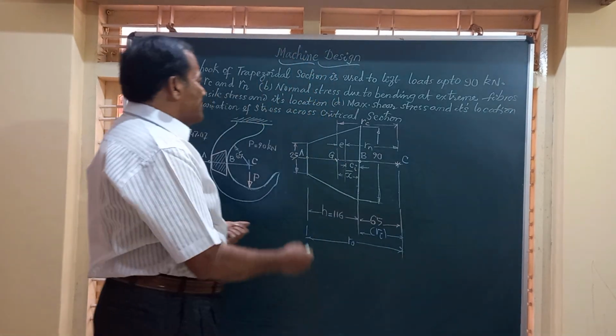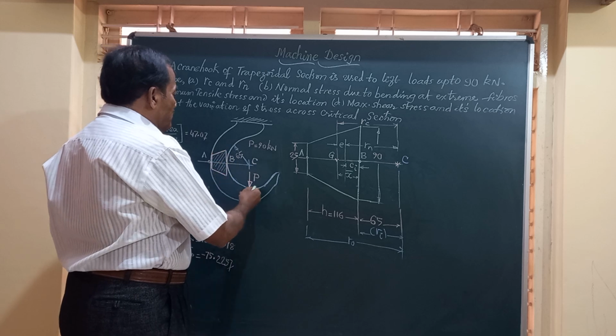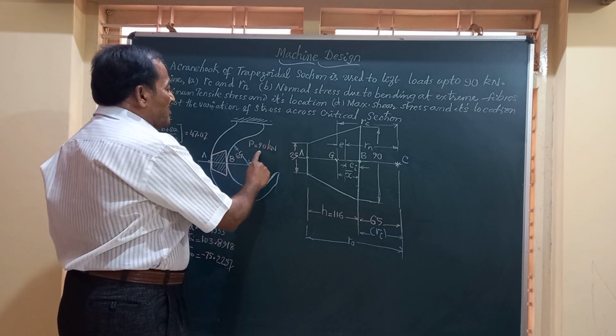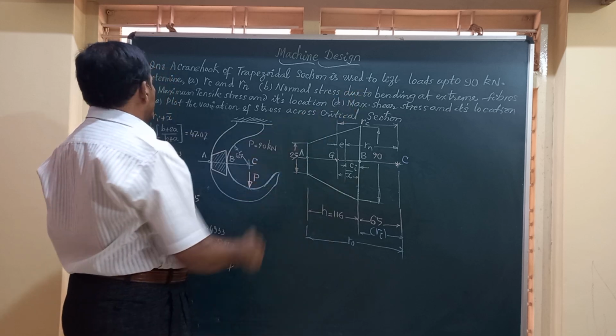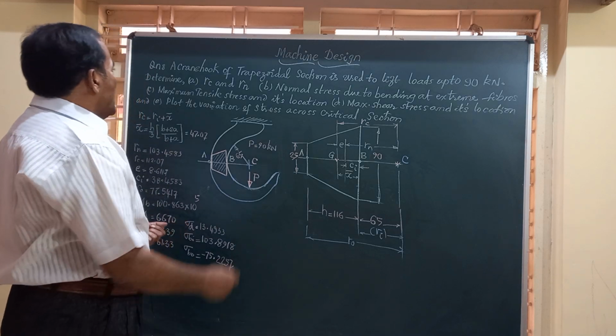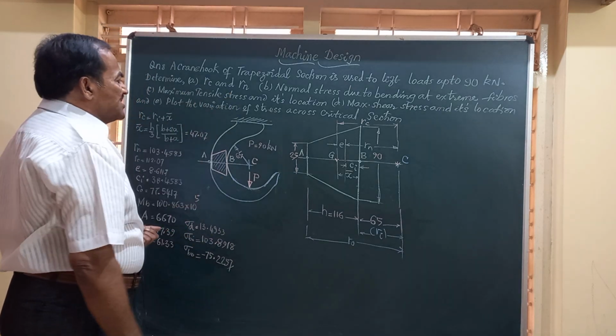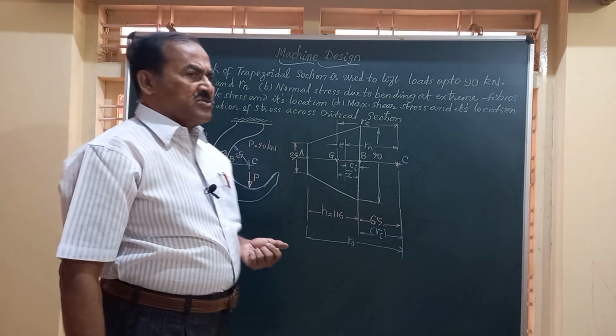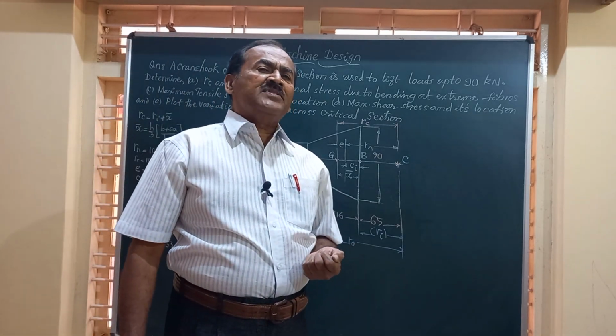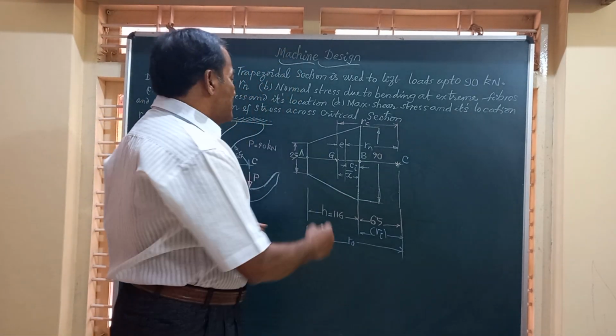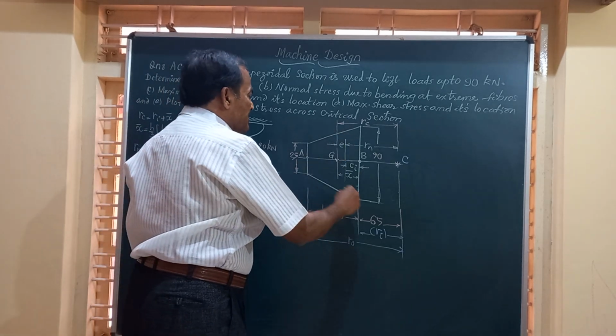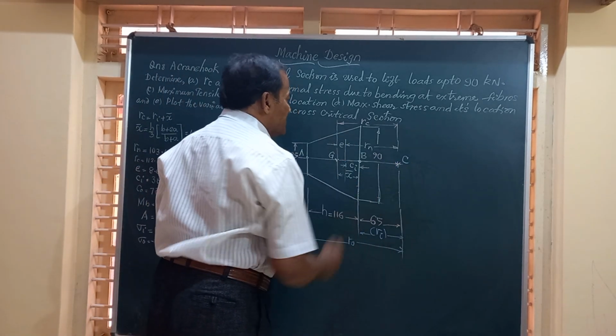Friends, here you can see this crane hook which is used to lift a load of 90 kilonewton as specified in the problem. And you will have to find out what is RC and Rn. So, to calculate this RC, we have to just write down the cross section and mark the center of curvature.